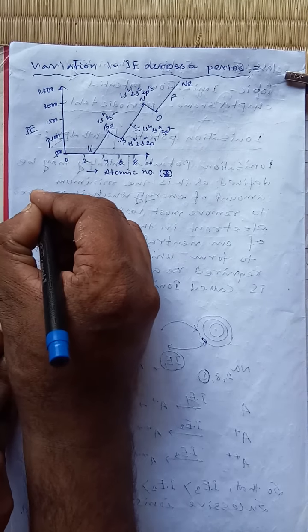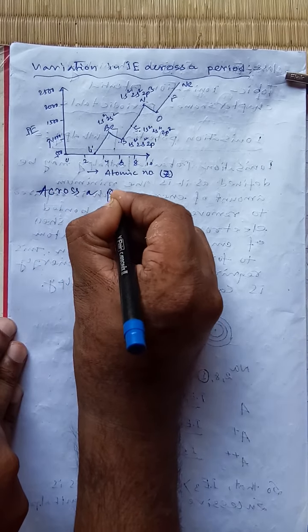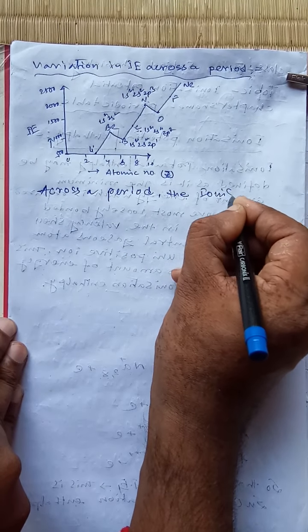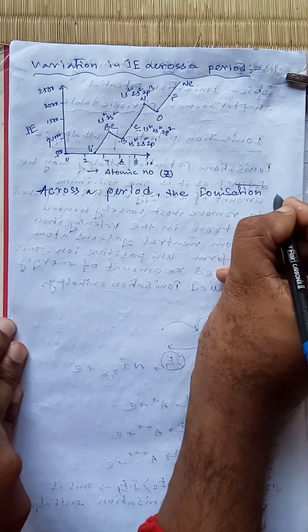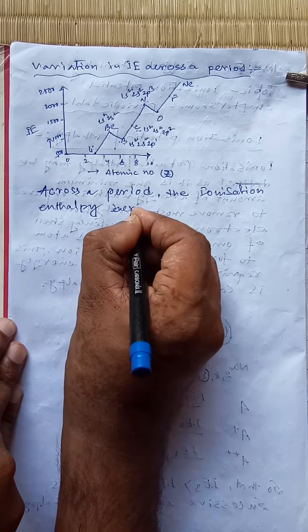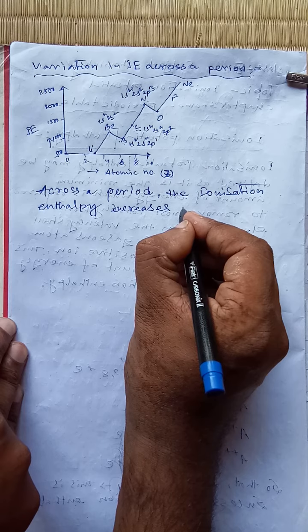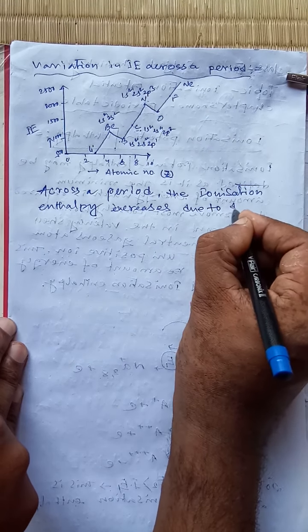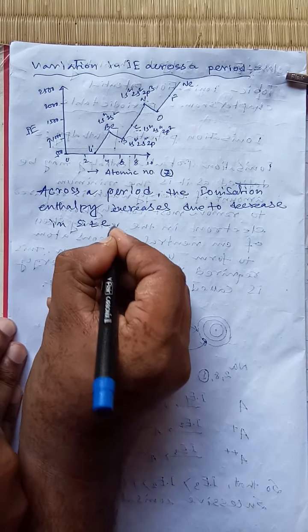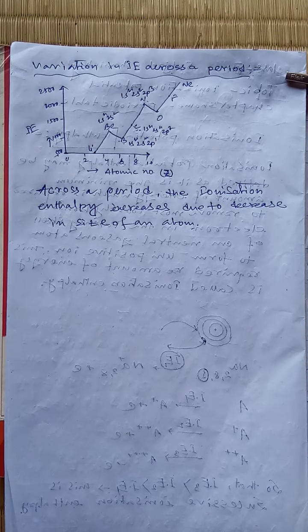So we may write: across a period the ionization enthalpy increases due to decrease in size of an atom.